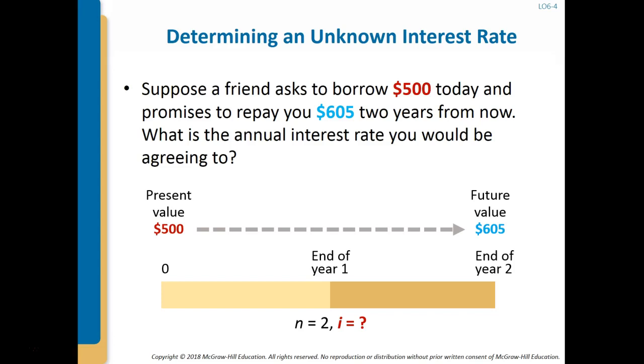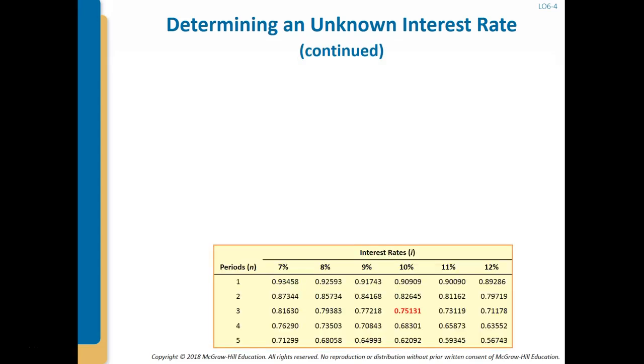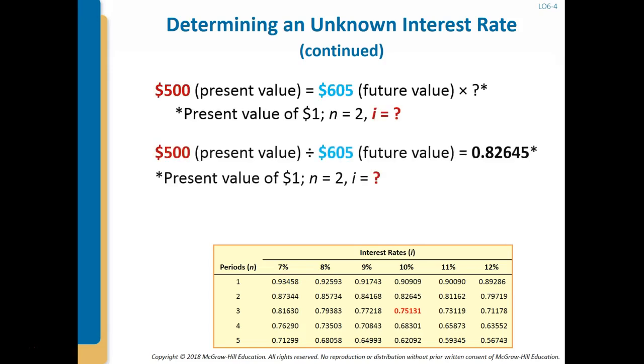What is the annual interest rate you would be agreeing to? The unknown variable is the interest rate. The interest rate is the rate that will provide a present value of $500 when determining the present value of the $605 to be received in 2 years.